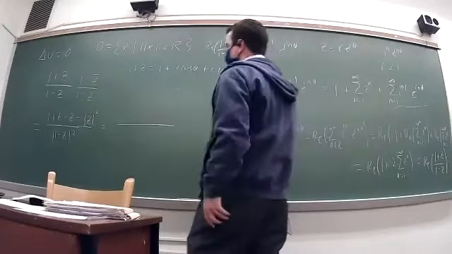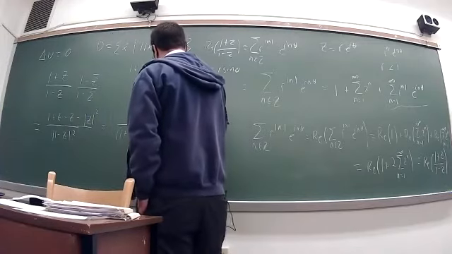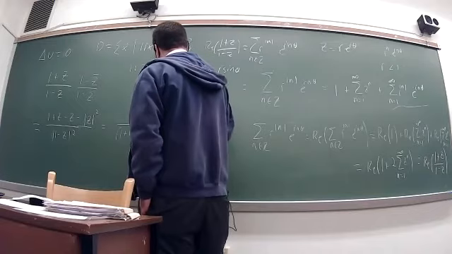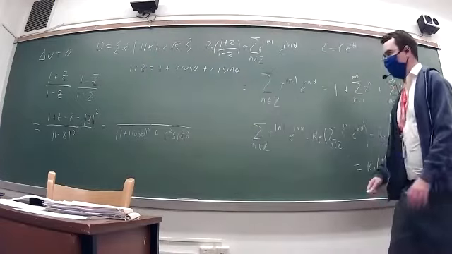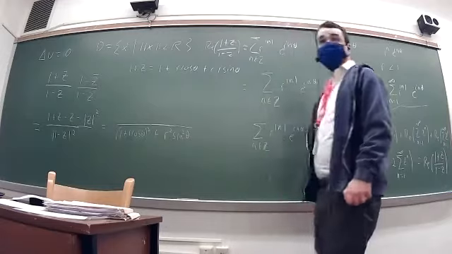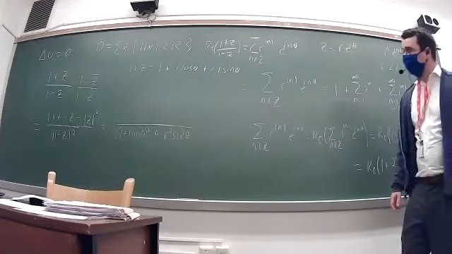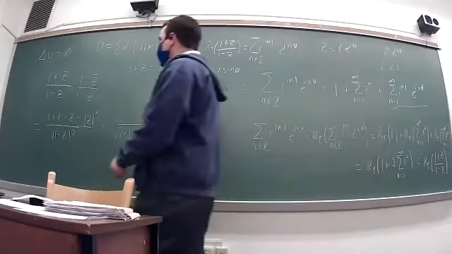So (1 plus r cosine theta) squared plus r squared sine squared theta. That's what the modulus squared of a complex number is. It's a squared plus b squared. Calculated that a is 1 plus r cosine theta, b is r sine theta. Minus z bar. Minus z bar. Yeah, thanks.